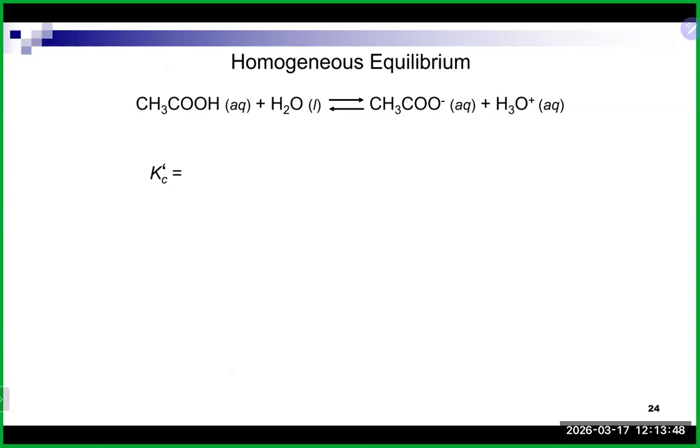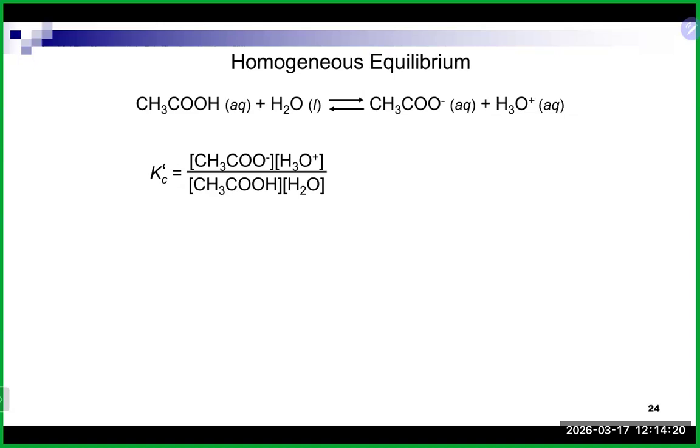All right. So in a homogeneous equilibrium here, we got a little acetic acid dissociated into acetate and some hydronium ion, and we can write our equilibrium expression like normal. Now, there are a couple of things that happen when we write the equilibrium expression. One of those is that certain things really do not affect equilibrium, and one of those are pure liquids.